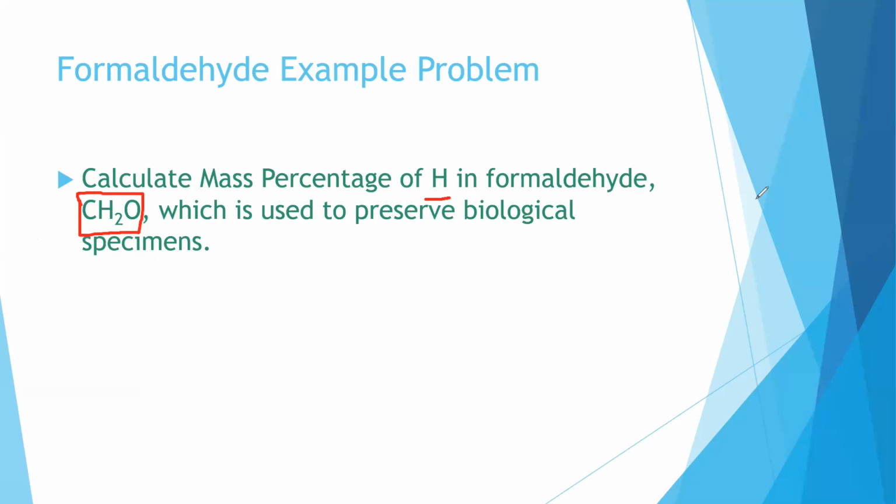Oh, I'm so sorry. I forgot to give you the atomic masses. The mass of carbon is 12. Mass of hydrogen is 1. Mass of oxygen is 16. Good job. I'm so terribly sorry I forgot to give you these numbers.